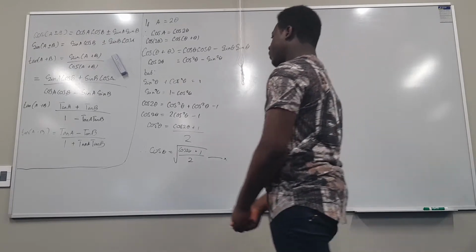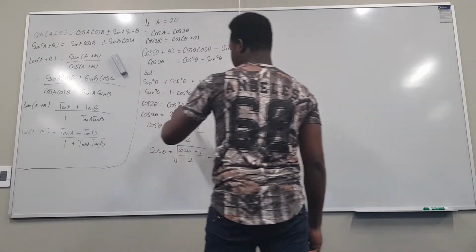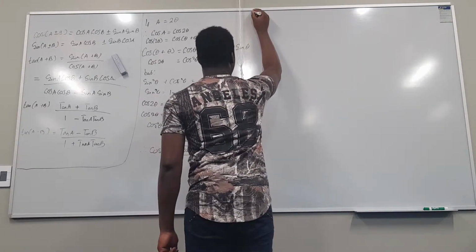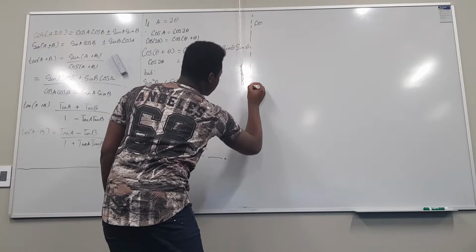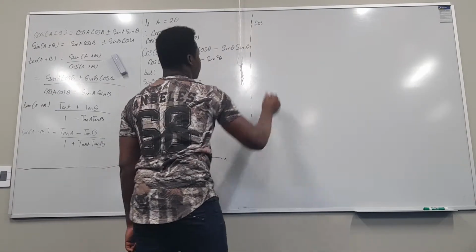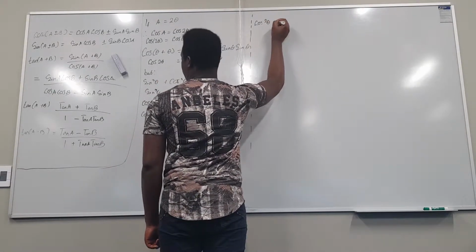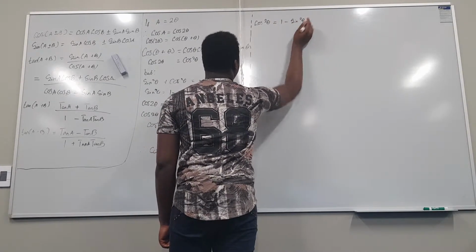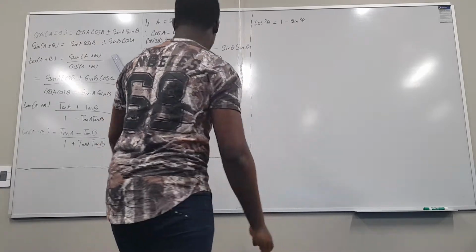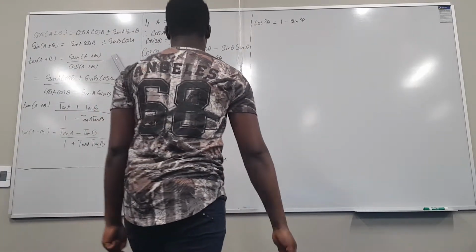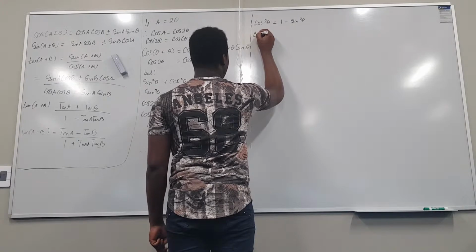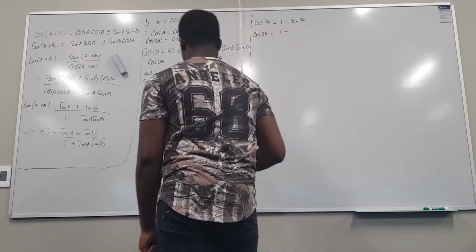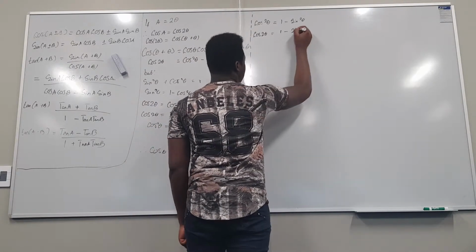If you also solve for cos squared theta here, and put that into the equation here, we see that cos 2 theta is equal to 1 minus 2 sine squared theta.